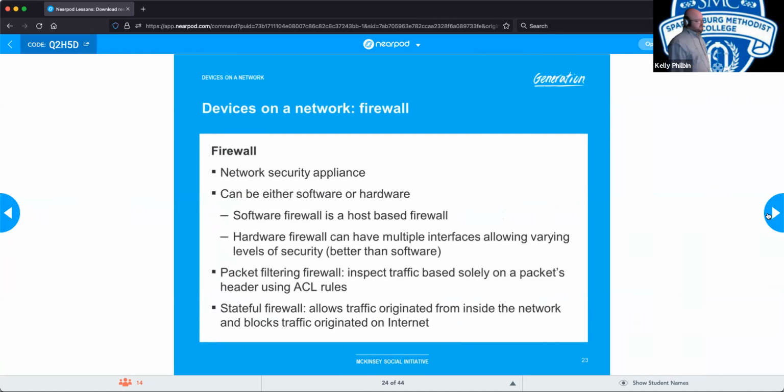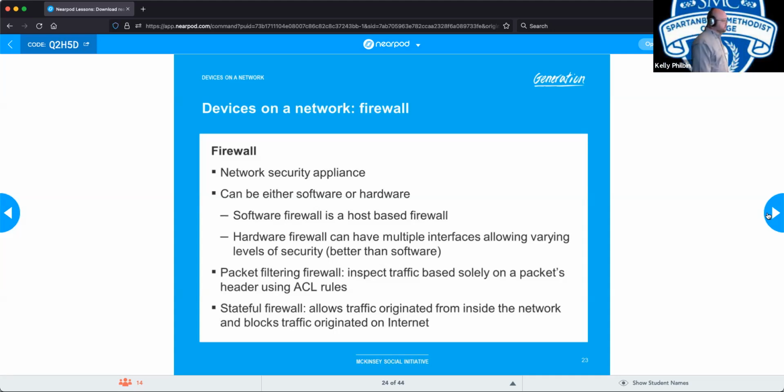Now, this is a network security appliance, and it can either be software, as we talked about with the Windows Defender firewall, or an actual physical hardware device. If it is software, it is based on each individual computer on the network. So you would have to have each individual computer have its own firewall as a form of protection for it.